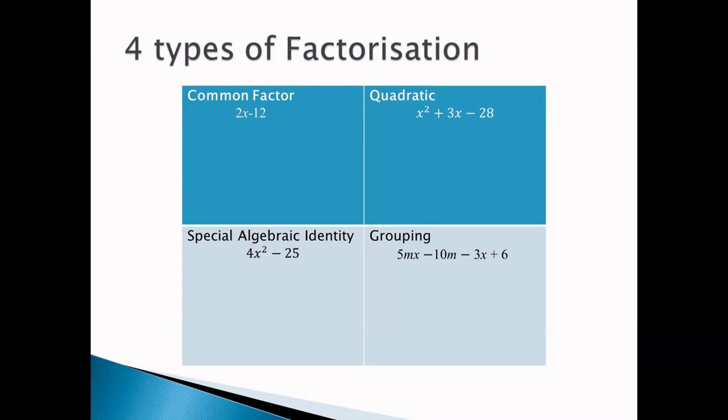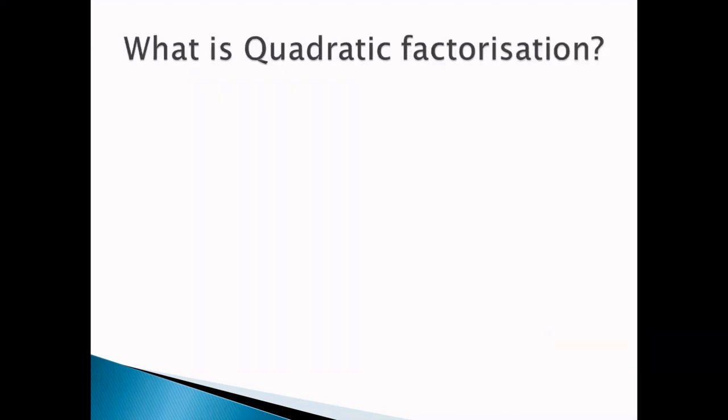All right. So what exactly is quadratic factorization? Okay, first thing you must know is that factorization is the reverse of expansion. So for example, if I ask you to expand this, I get 2 times x gives me 2x, 2 times negative 6 gives me negative 12.